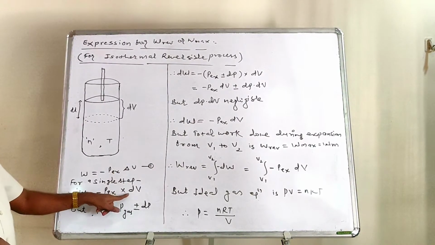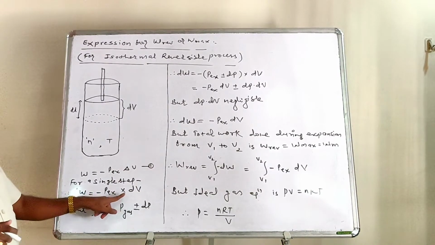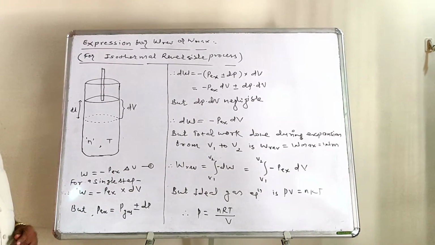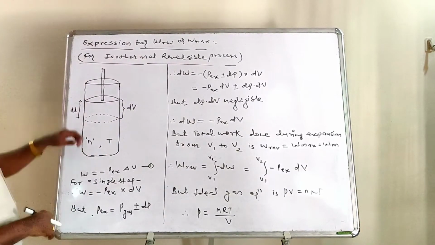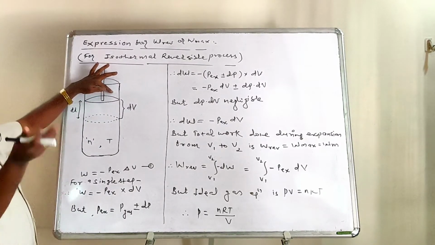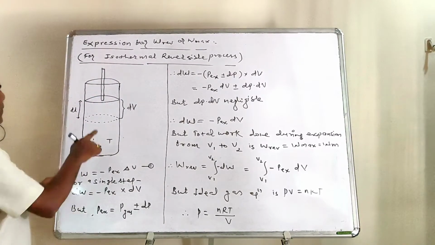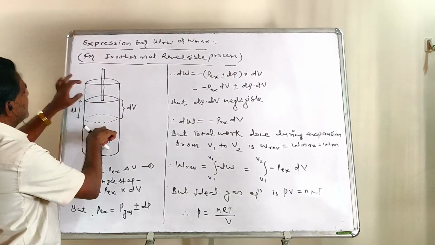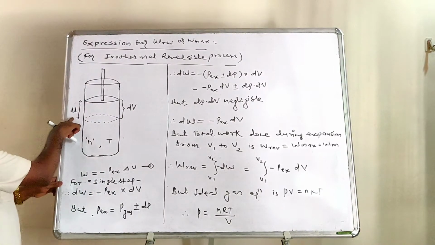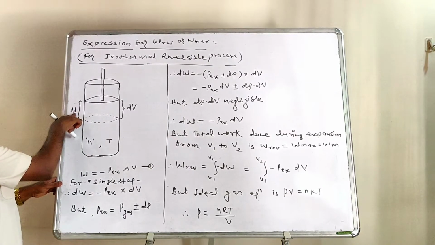Instead of delta V, what we shall consider here? dV. dV stands for infinitesimally small change in volume. See, if gas undergoes expansion reversibly, then external pressure will be infinitesimally smaller than pressure of the gas, and during that change, piston will be shifted in upward direction by a very small amount, say dl.